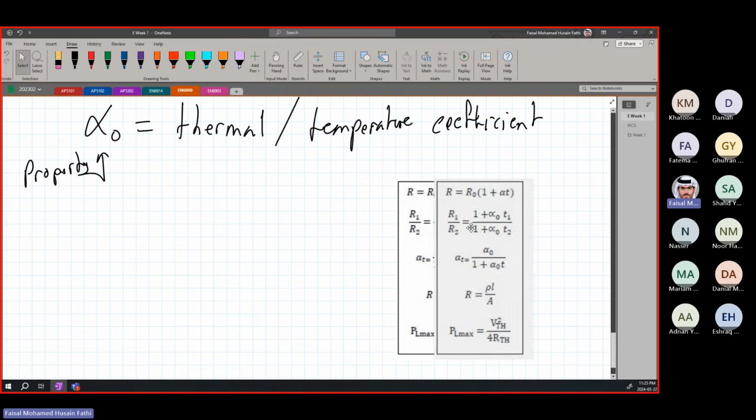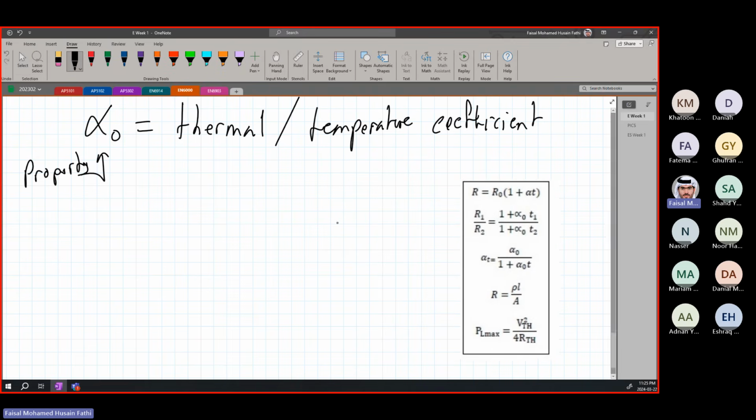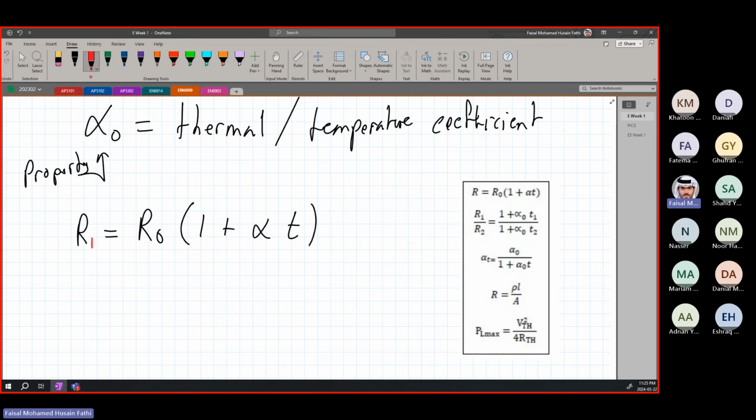All right. So basically, the important basic formula is RT equals R0 times (1 plus alpha0 T), where this is RT, the resistance at this specific temperature T. Then this is alpha 0.